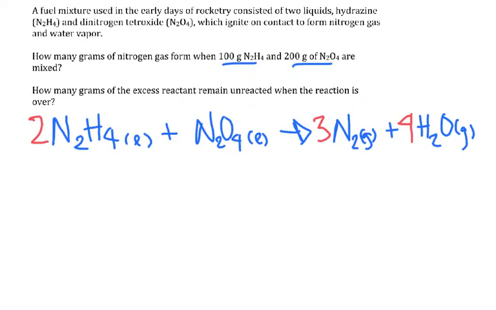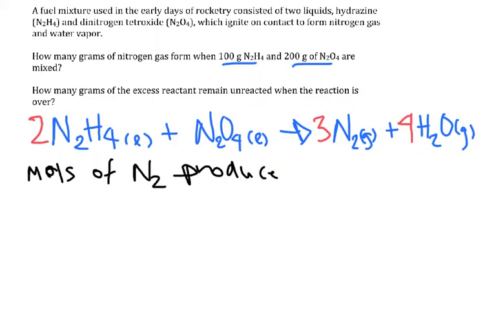And so what we want to do is find the moles of nitrogen gas produced from the mass of both hydrazine and dinitrogen tetroxide.